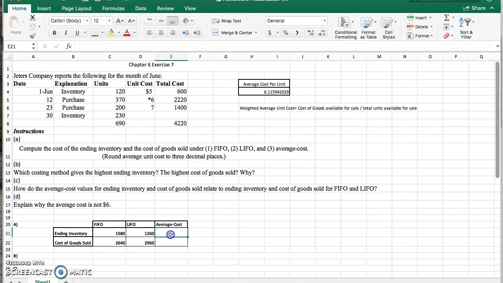To calculate our ending inventory, we take our total ending inventory, which is 230, and multiply that by our average cost per unit. This says to round the average unit cost to 3 decimal places, so we're going to multiply our 230 by 6.116.